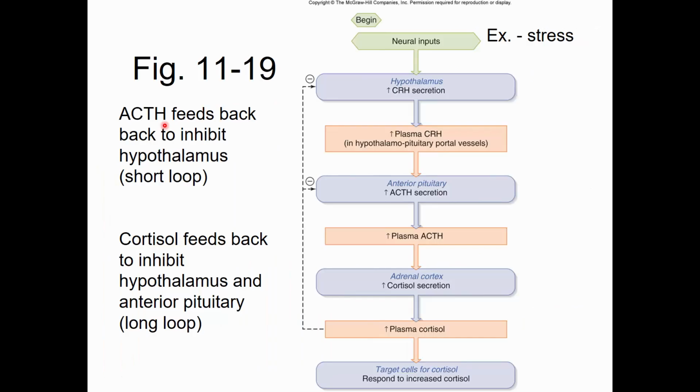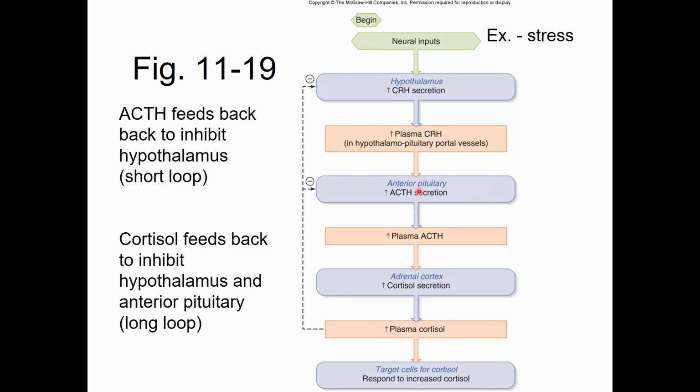All right, what about our stress hormone? The stimulus here is stress. When a person is stressed, you're running to catch the bus, you realize, oh my gosh, there's a pop quiz, whatever it is, you're stressed out, you increase corticotropin releasing hormone. It goes into the portal system.